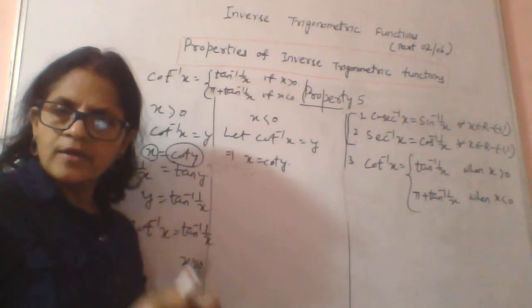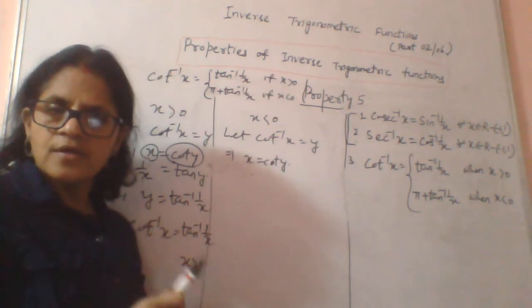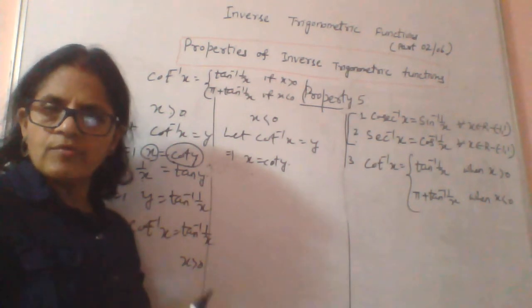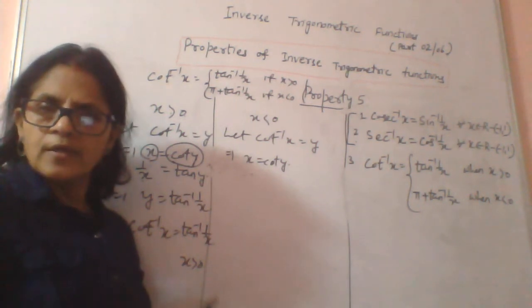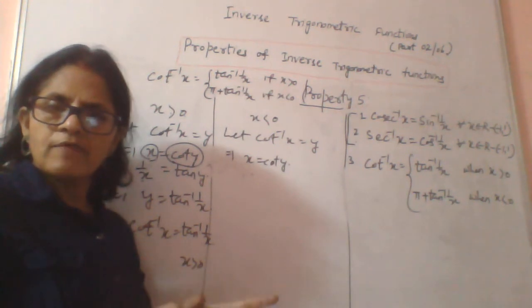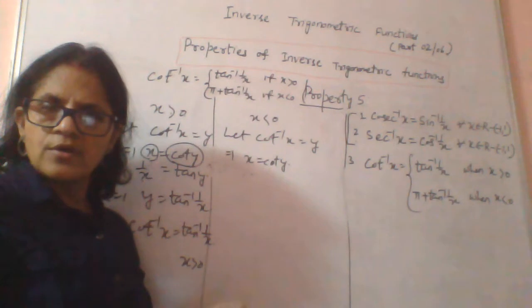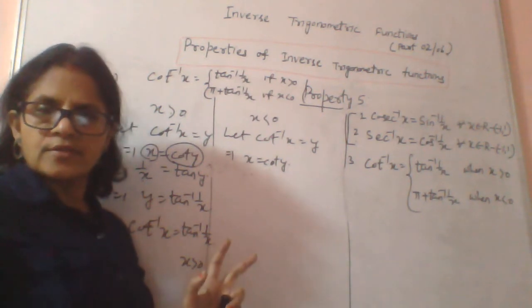Cot y is negative in second quadrant and fourth quadrant. As I said, we are not going to fourth quadrant because the principal value branch of cot inverse is the open interval 0 to pi. So the angle will be either in first quadrant or in second quadrant, right?